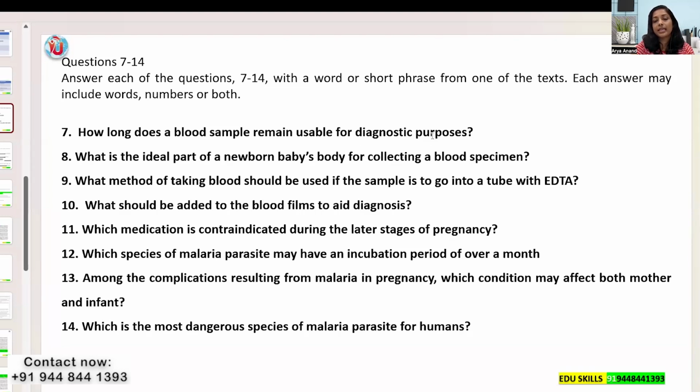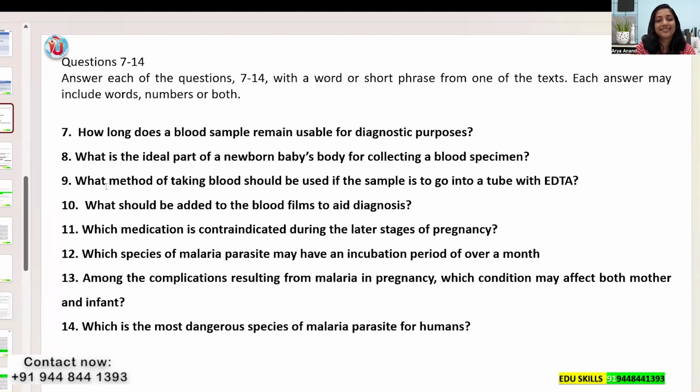Here you can just say from which text it is. No need to write the answers. Okay, you can just write from which text it is, because for those who don't have the printed material, it will be difficult. So you can just write the text, whether it is from text A, text B, text C, or text D. Then what is the ideal part of a newborn baby's blood for collecting a blood sample?